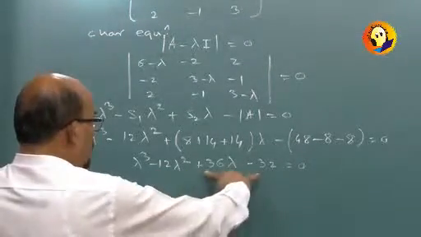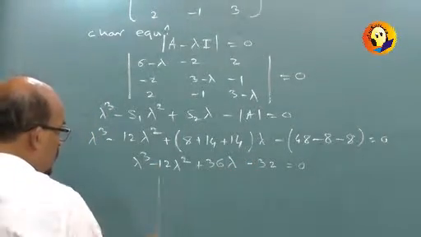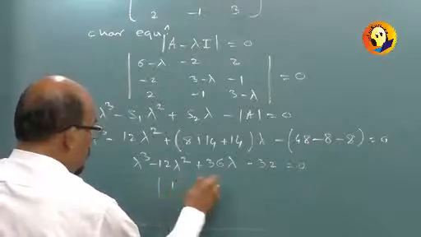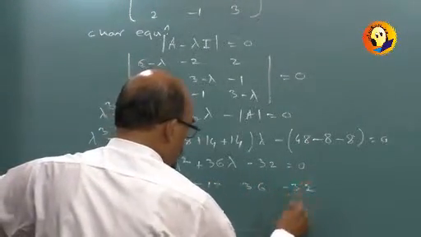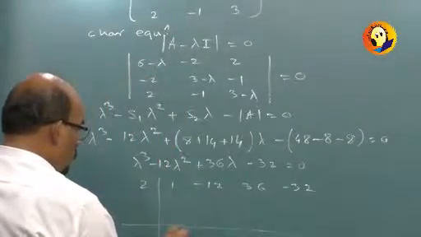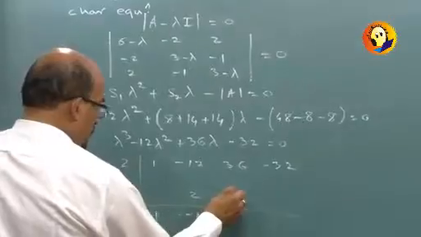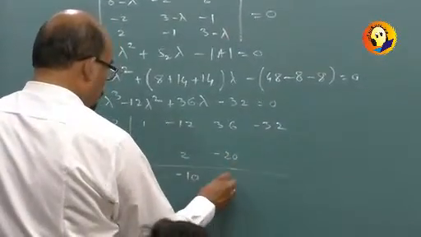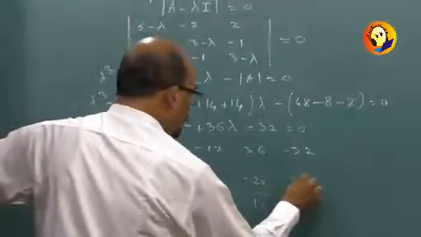Sum of odd and even are not 0, overall it is not 0, so we will have to try with 2. Minus 2, so it is 1 minus 12, 36 minus 32, 2, 1, 2 minus 10 minus 20, 16, 32, got it.